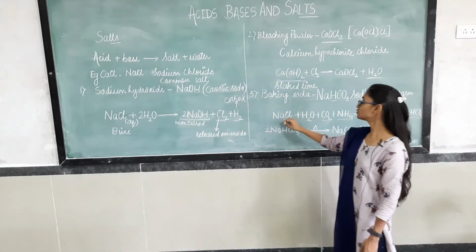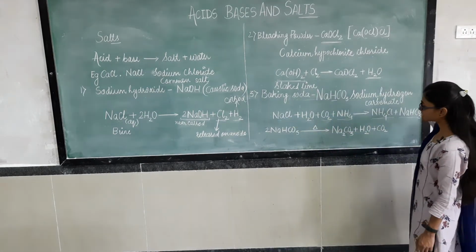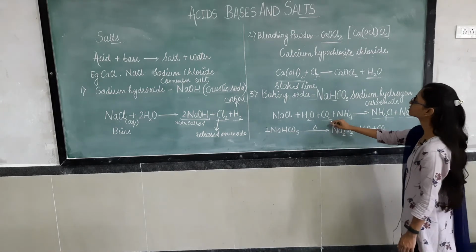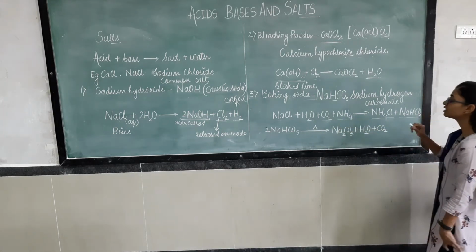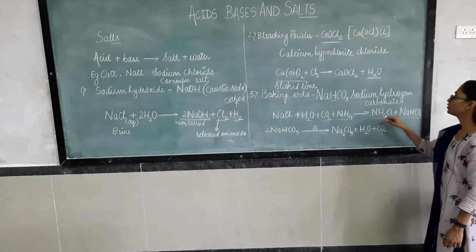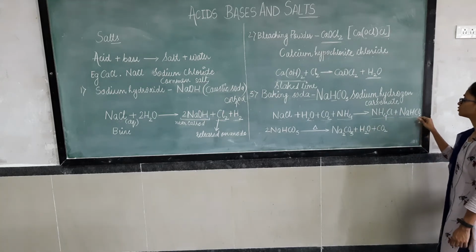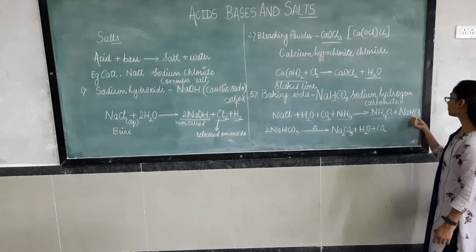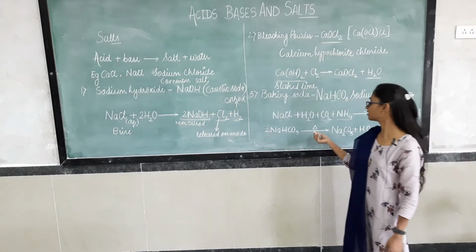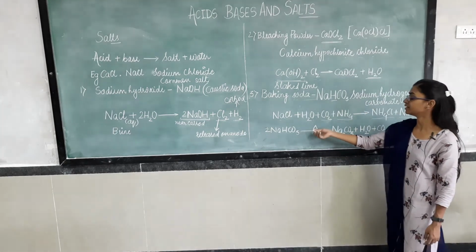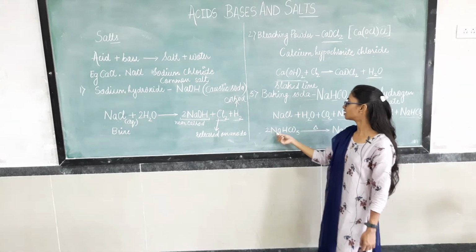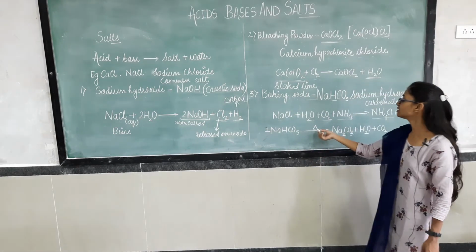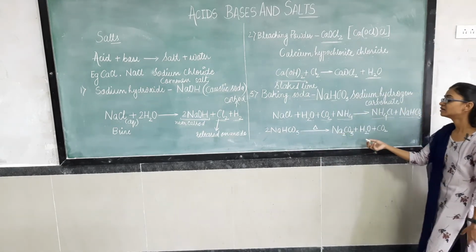So, when an aqueous solution of sodium chloride reacts in the presence of carbon dioxide and ammonia, ammonium chloride and sodium hydrogen carbonate are formed, right? When this sodium hydrogen carbonate is heated, what will happen?